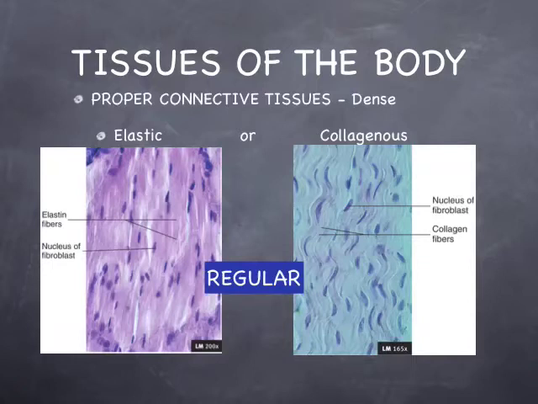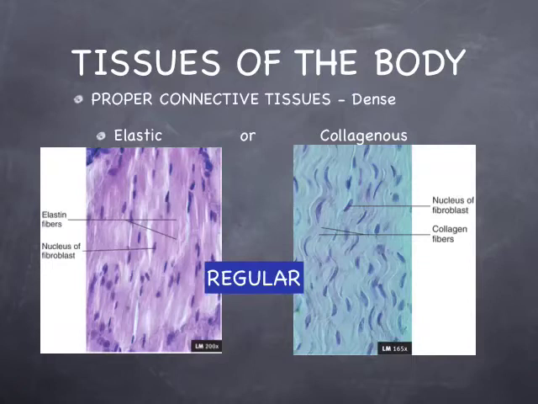In the dense connective tissue categories, we don't find a blend of two different fiber types. We typically find one or the other. So you can see that there are dense elastic types and dense collagenous types. The other pair of words that you see associated with the dense types is regular or irregular.